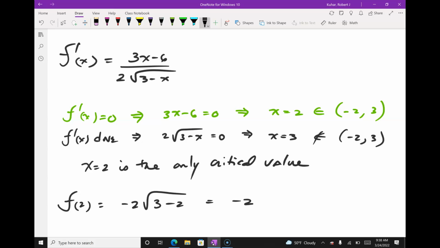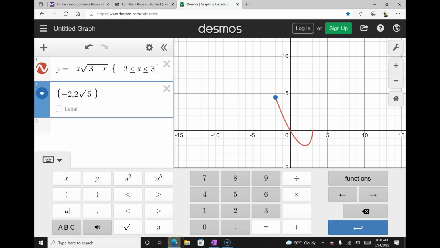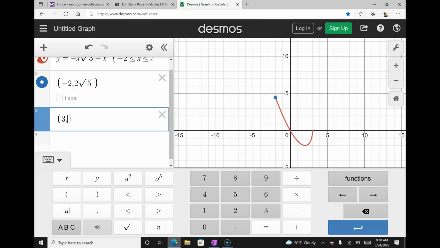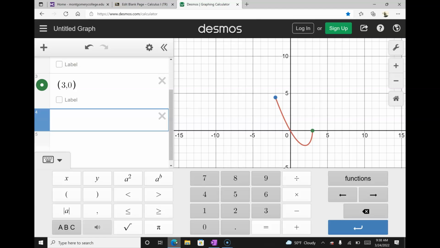I'll see instantly that the low point is at a height of negative 2. I had (3, 0) as my other endpoint, and I had (2, -2). And there it is. I know I'm right. Feels good to be right.